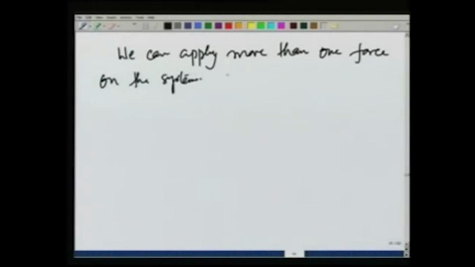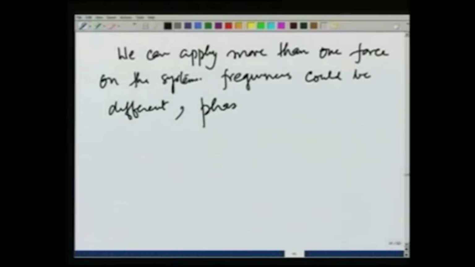Not only that, their frequencies could be different, and phases could be different. When I say phases could be different, I mean when one force is maximum, the other force need not be maximum at that time. So, what would be the motion in general?